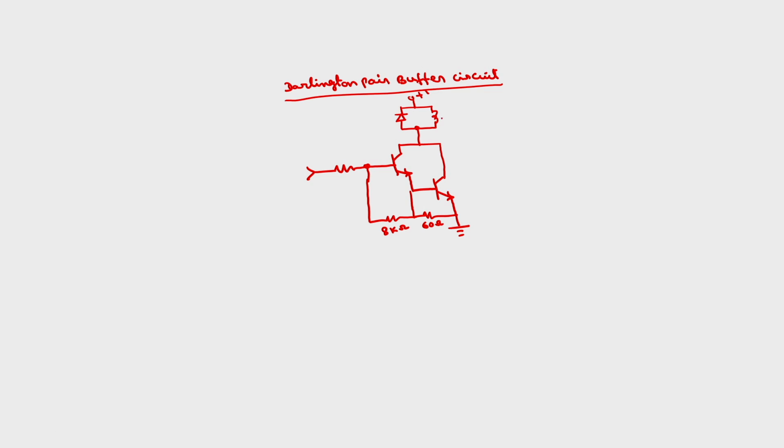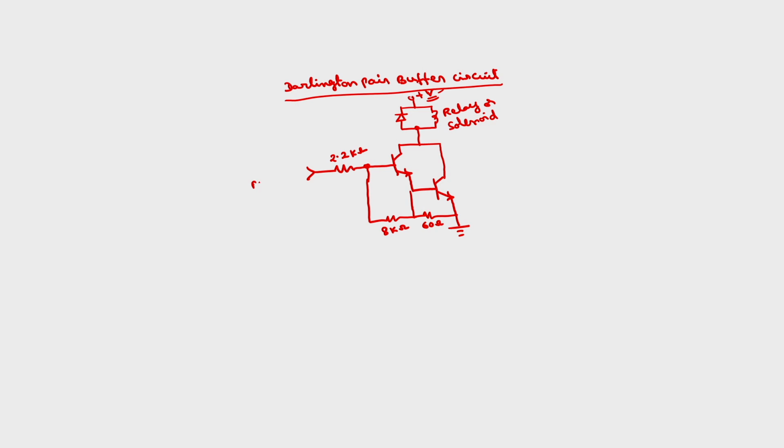This can be either a solenoid or coil, relay or solenoid. Depending upon the voltage required for the relay, we will choose this V. That is why I have written this as V. This may not be 5 volts, you can take a higher value also.